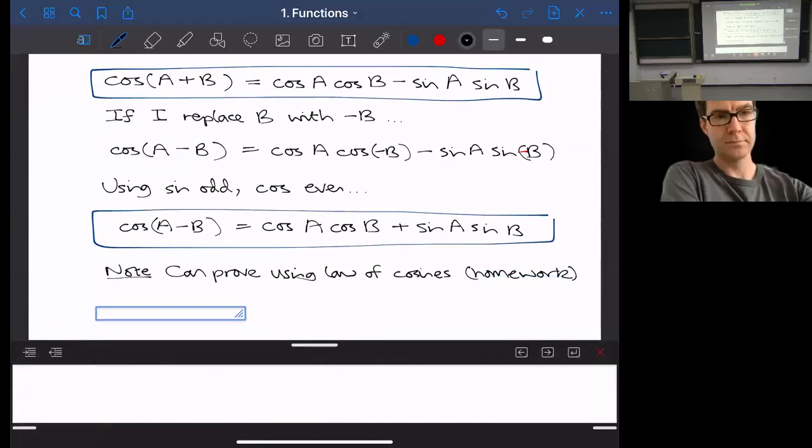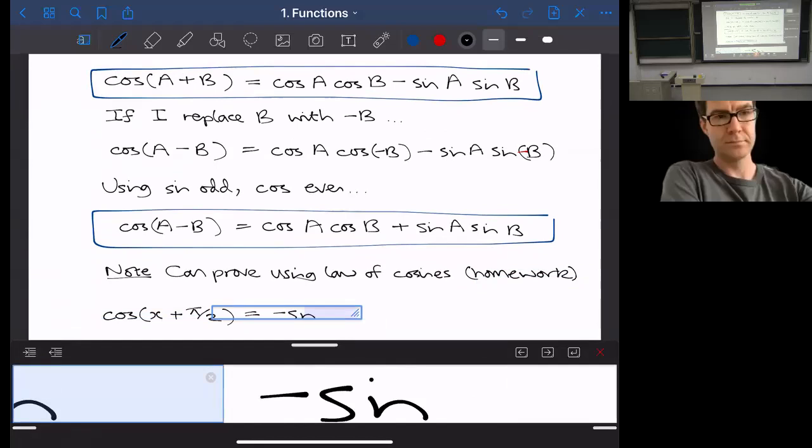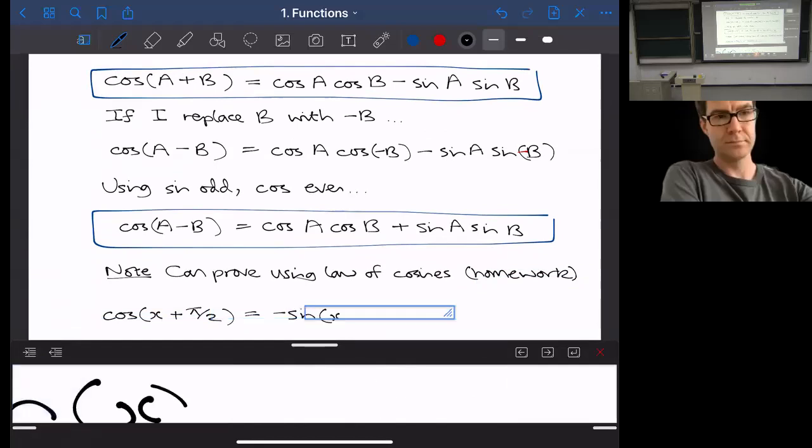So this gives us cos(x + pi/2) is minus sine x. So why is this?